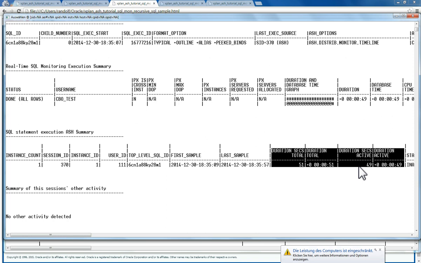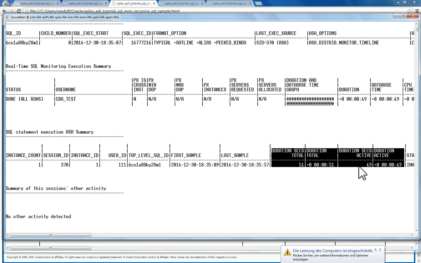And the third reason why you might have this difference between total and active is that there might be different SQL IDs in the ash samples for this particular session during the period that is analyzed. Typically this would be recursive SQL activity, so other SQL gets executed in a recursive manner, and then basically belongs to the activity of the main SQL execution that Explain-Ash analyzes.